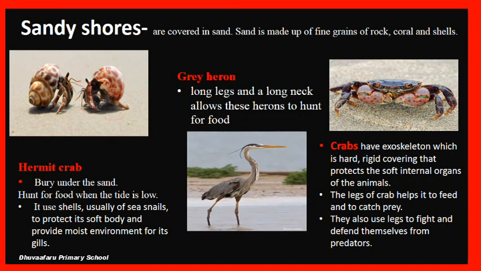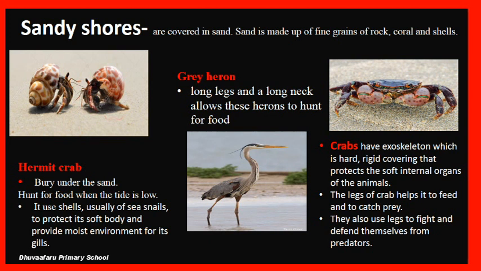Sandy shores. Sandy shores are covered in sand. Sand is made up of fine grains of rock, coral, and shells. Grey heron. Long legs and a long neck allow herons to hunt for food. Hermit crabs bury under the sand and hunt for food when the tide is low.